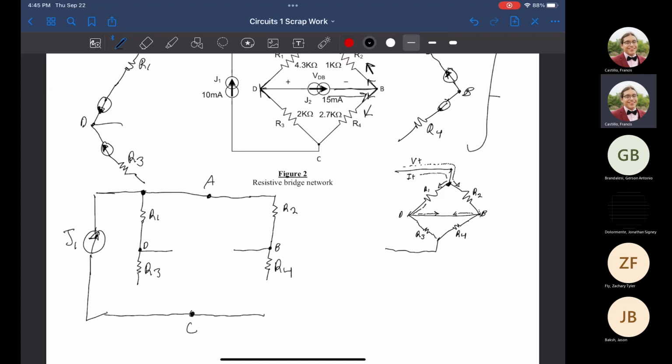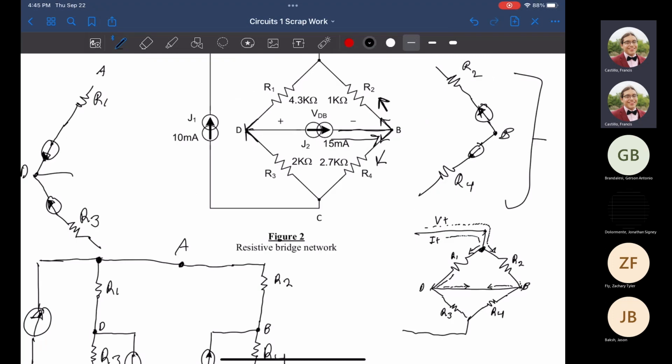Well, from our shifting operations, I say it's safe to put the current source going down here and the same current source going up here. Because all we really did is you can do either or.